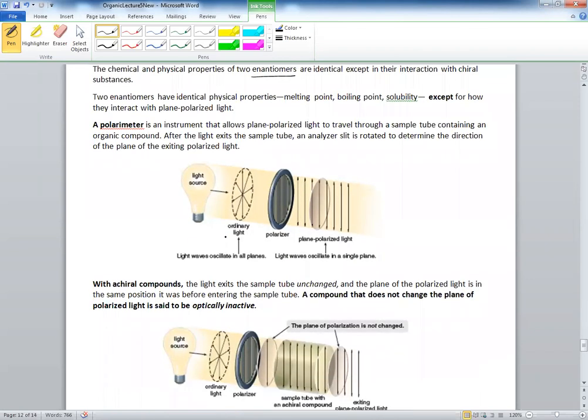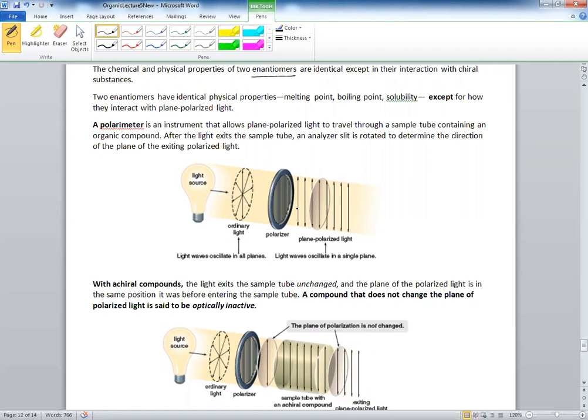There's one thing we have called a polarimeter. A polarimeter is simply an instrument that has a light source, and light oscillates in all kinds of directions and planes, but you have a polarizer.